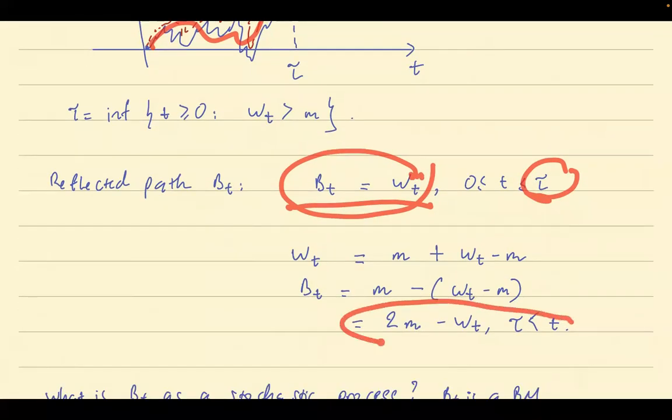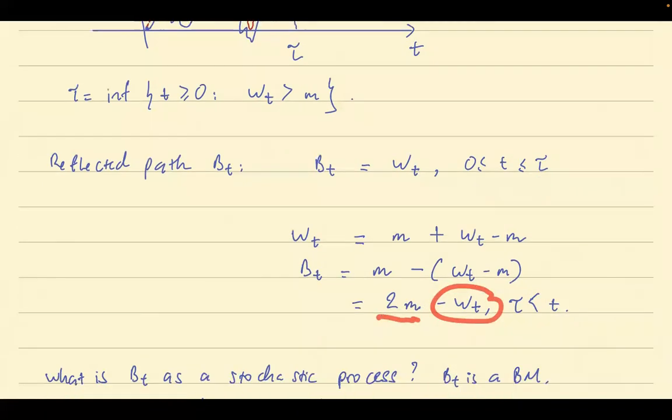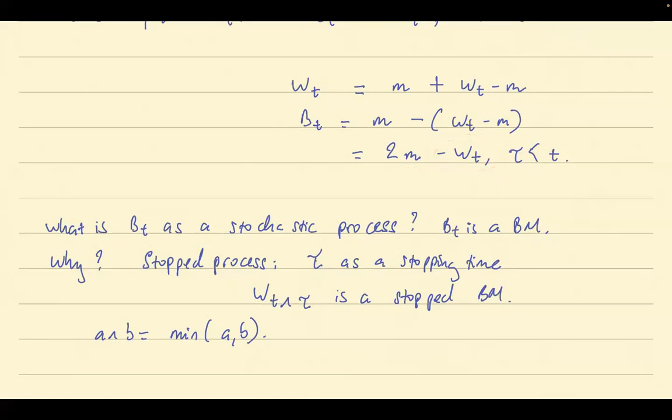After this though, it looks strange, but this is a constant, and this is a subtraction. Now, negative Brownian motion is still Brownian motion, because Brownian motion is symmetric. So you could also believe that it looks like Brownian motion before time tau, and like a Brownian motion lifted after time tau. Who knows, looks okay.